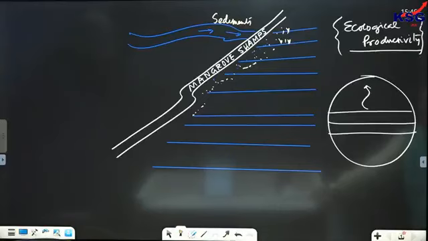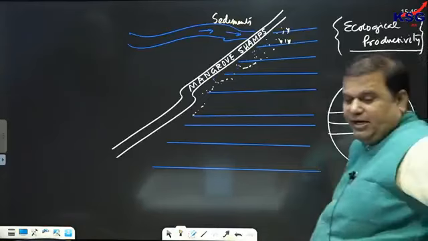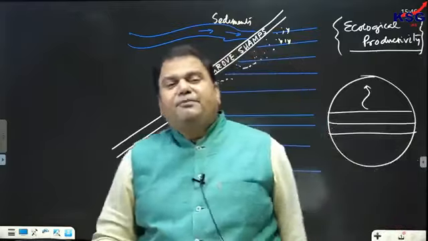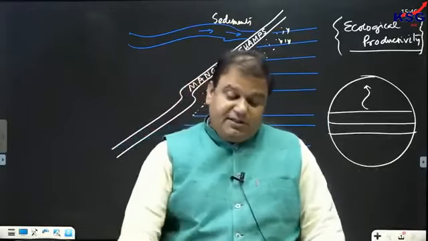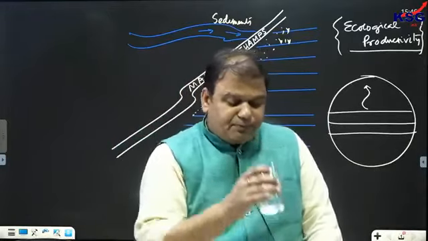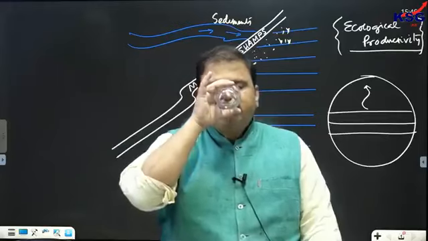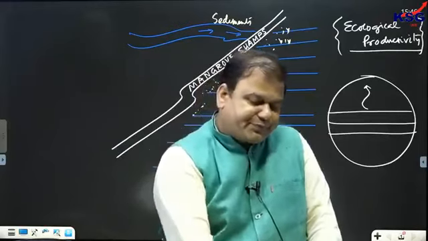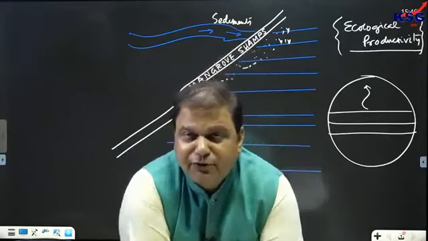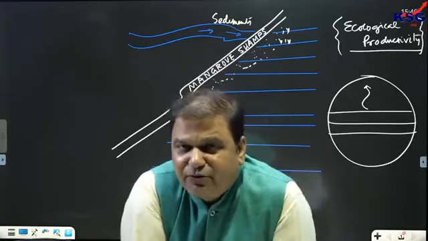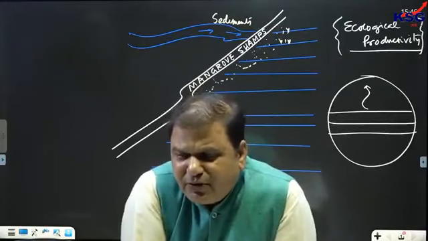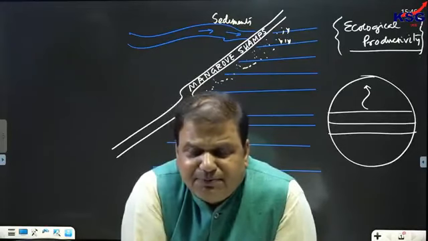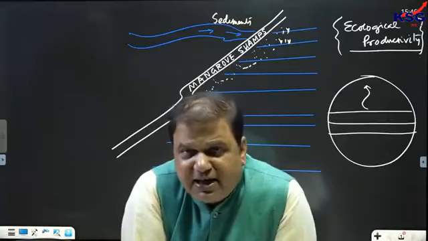So productivity of oceans is not as high as it should have been. Why? The reason is first the obstruction of solar radiation, and second the lack of nutrients in saline water.